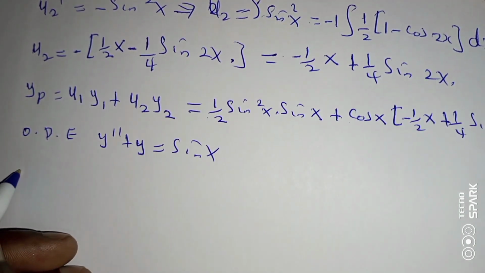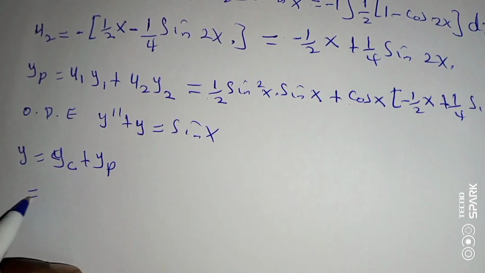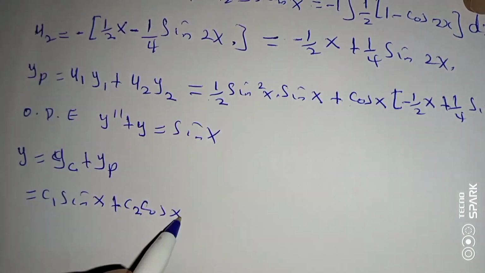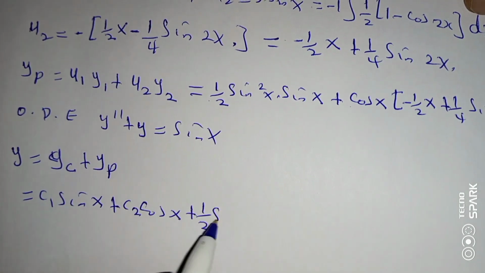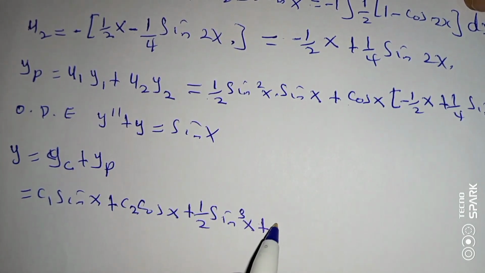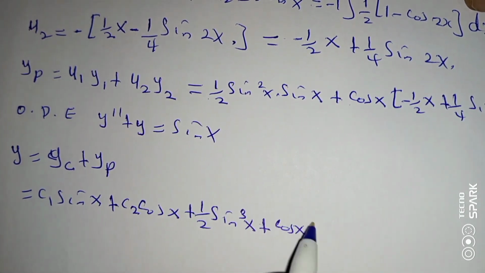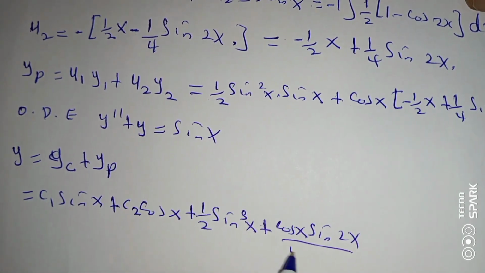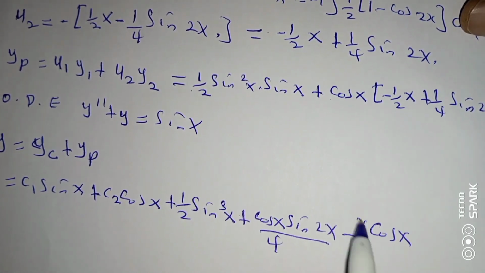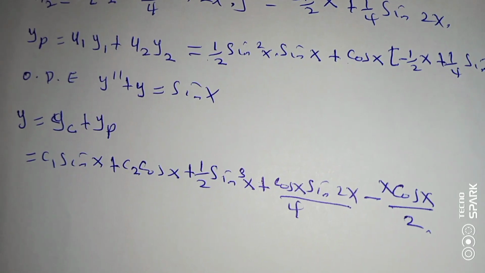Our complete solution y will be given by y complementary plus y particular, which is equal to c1 sine of x plus c2 cos of x, plus half sine cubed of x, plus cos of x sine of 2x divided by 4, minus x cos of x divided by 2. So that is our complete solution of the given O.D.E.